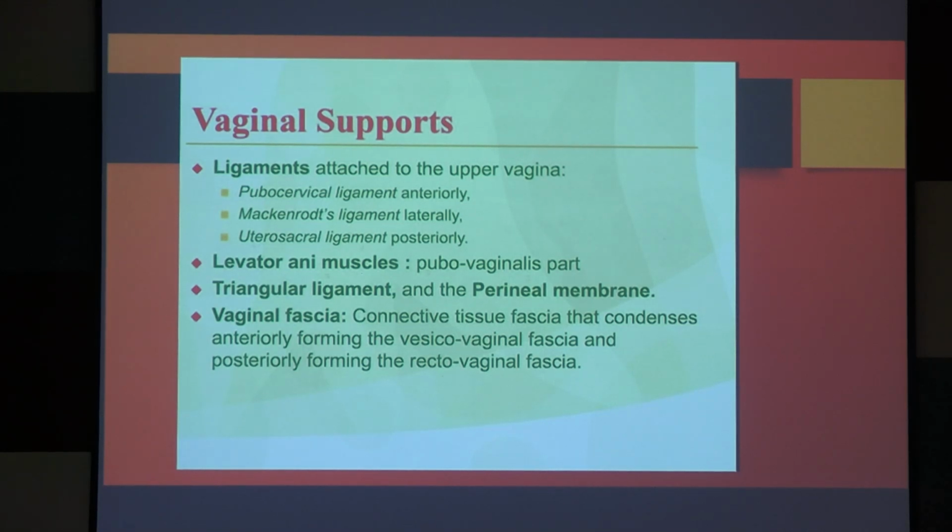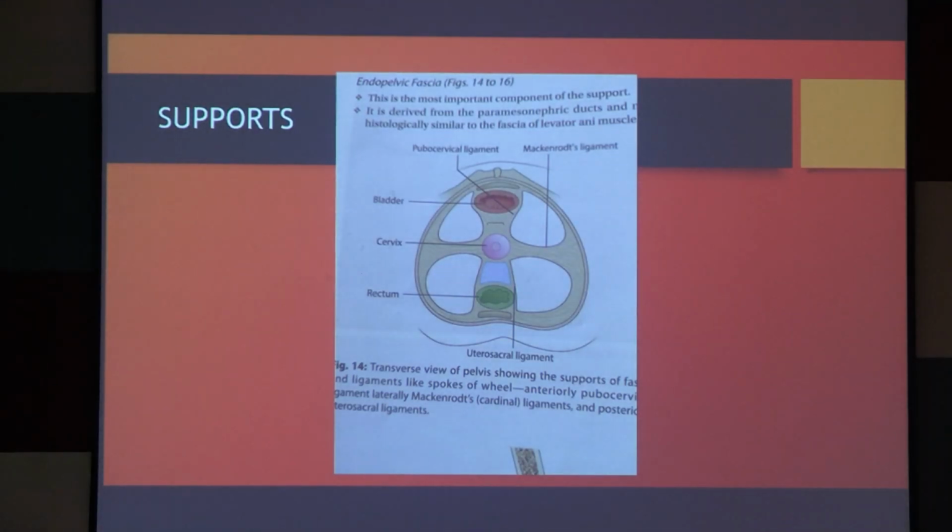Embryologically, in between the viscera and the pelvic floor, there is nothing but connective tissue. That connective tissue, after condensation, forms the different fascia. Condensation of pelvic tissue is causing fascia, as we have already mentioned.